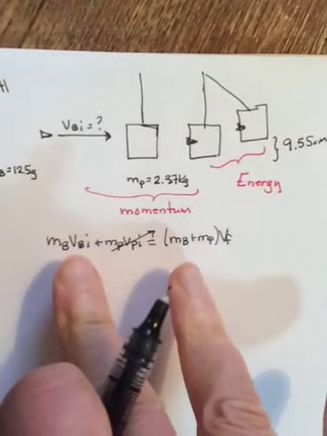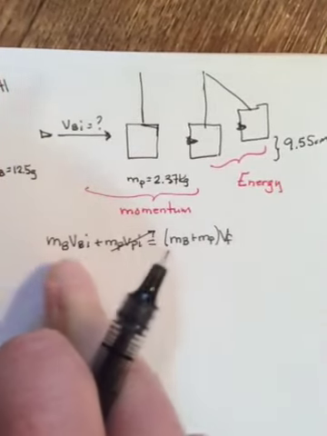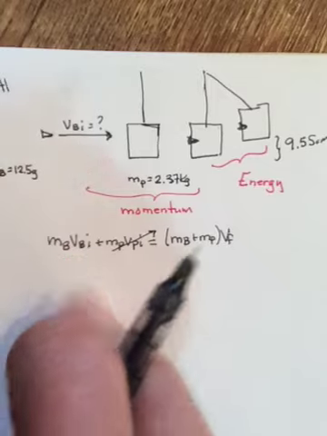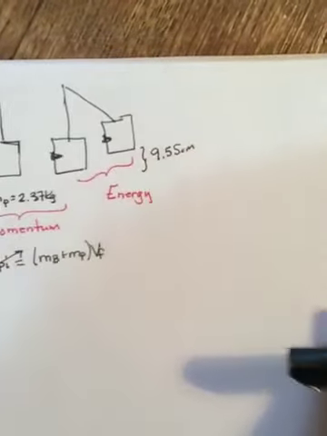Or you could say, I must not be able to start here. Which actually makes sense, because if you could start here and find the initial velocity of the bullet, then you wouldn't need to use the energy at all, and that would just be sad.